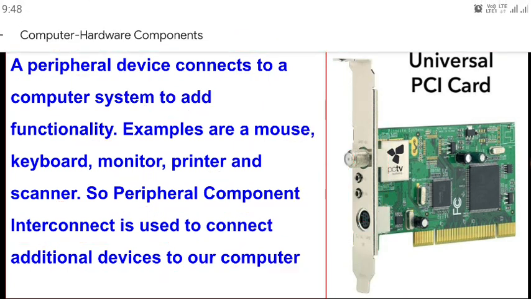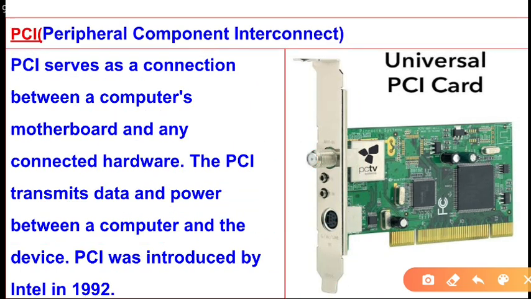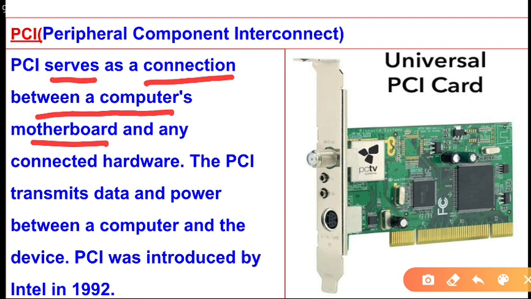Okay, students. Now, the PCI, or peripheral component interconnect, serves as a connection between a computer's motherboard and any connected hardware. That means this PCI card is mounted on the motherboard.